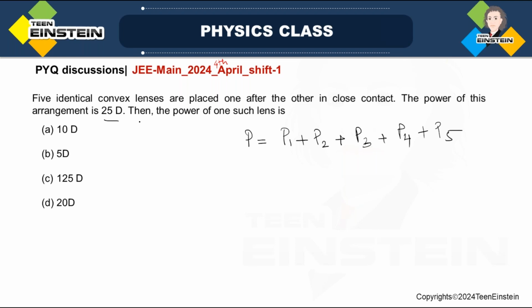These are identical convex lenses, so if I take the power of each of them as P, then I get 5P, and here it is given equal to 25 diopter. So the power of an individual lens will be 5 diopter. Option B will be the correct answer. So this was a very simple question.